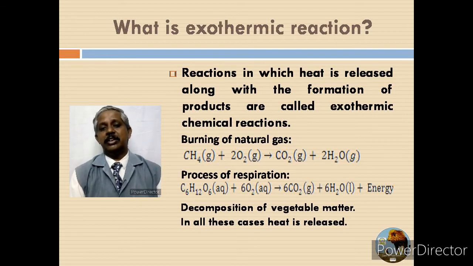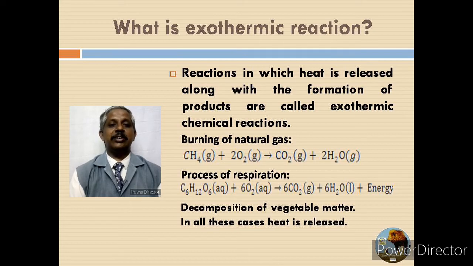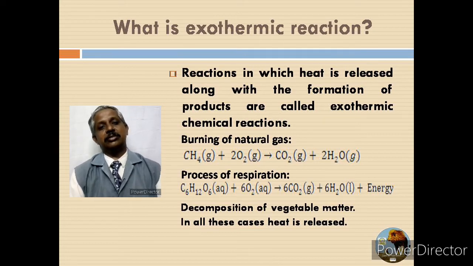Then the process of respiration: glucose plus oxygen gives carbon dioxide plus water plus energy. Decomposition of vegetable matter. In all these cases heat is released. That's why it is an exothermic reaction.